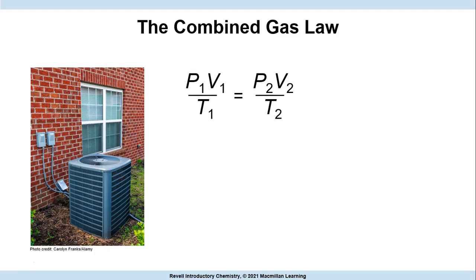The combined gas law equation states that P1 V1 over T1 is equal to P2 V2 over T2. So you can always use this formula to calculate any of the values, either the temperature, the pressure, or the volume, when you are given all the other quantities.